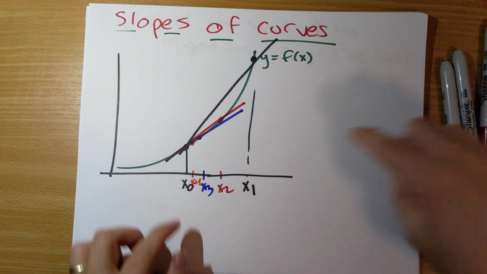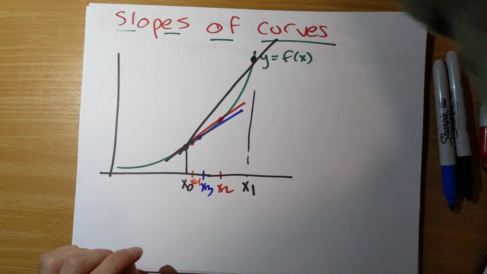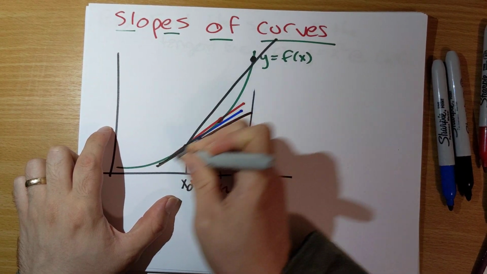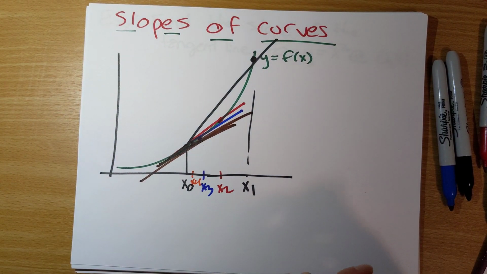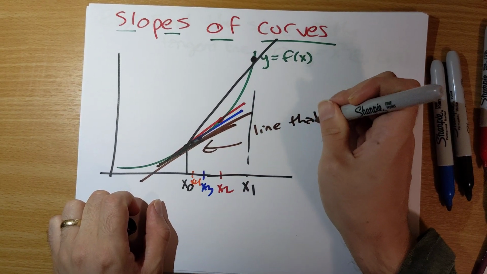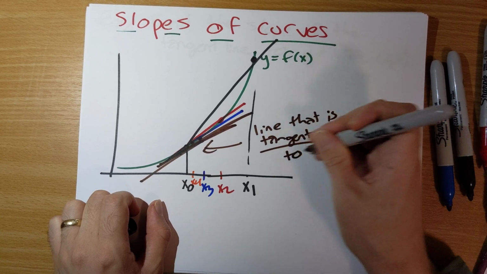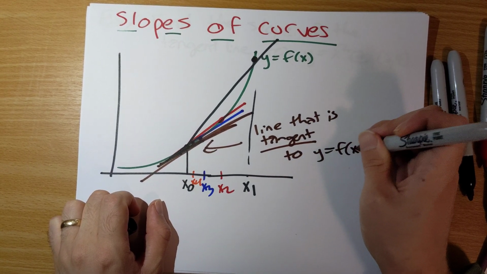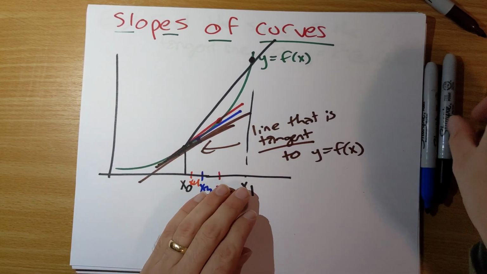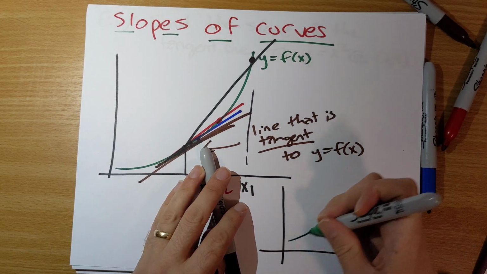And the idea here is that at the end of the day, we are coming up with some kind of line that is tangent to y equals f of x. This got a little bit messy, because there are too many lines drawn on here.